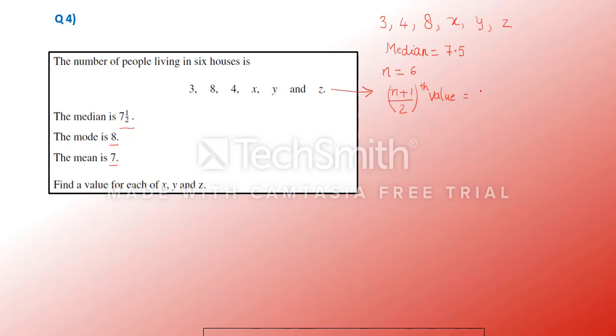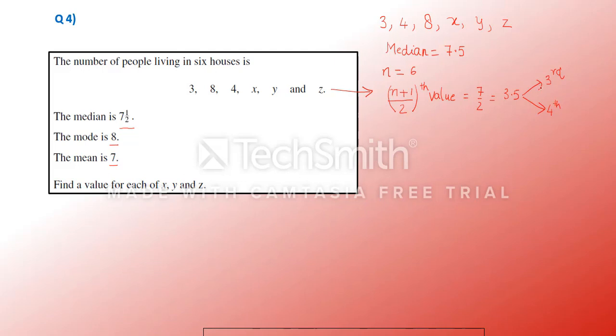In this case that is 7/2, which means 3.5, and you know this: if it is a decimal value, the actual value of the median will be the mean of the value at the 3rd position and the value at the 4th position.